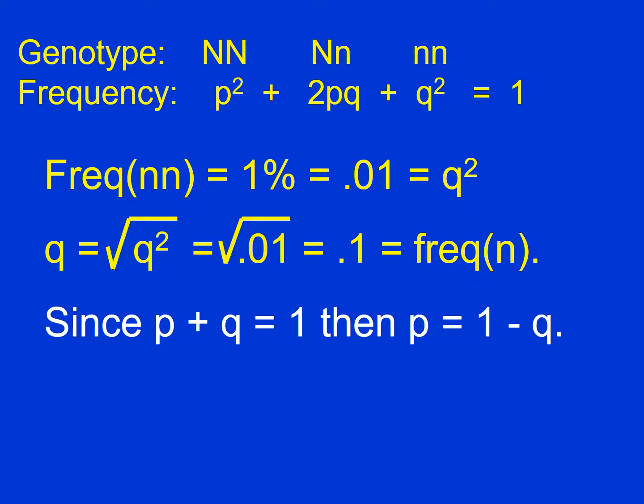Now, since P plus Q equals 1, we know that P is going to be equal to 1 minus Q. So what's P equal to? P is equal to 1 minus the frequency, or Q. So 1 minus 0.1 is 0.9.